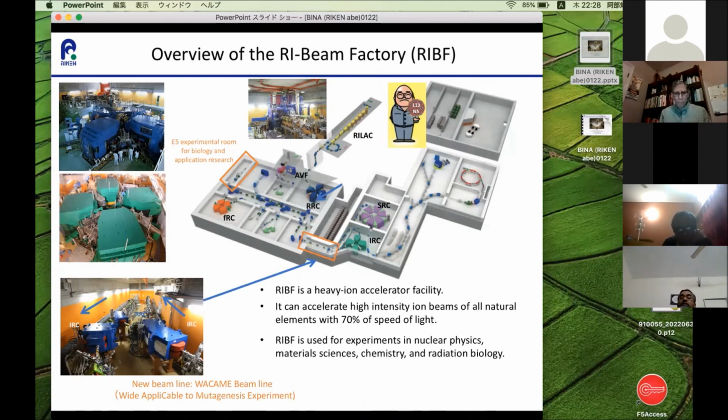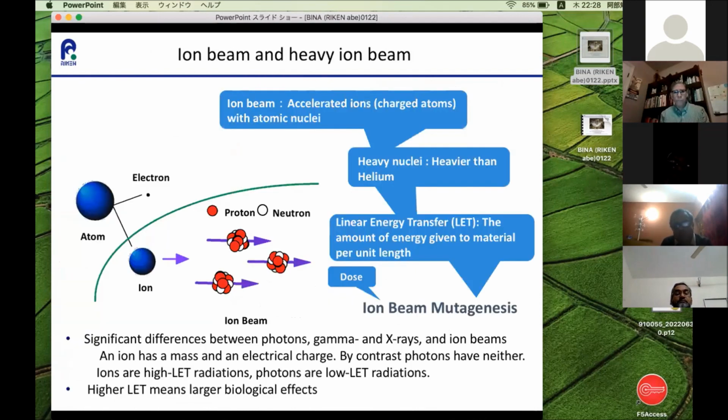This is why our facility is called the RI-beam factory. Our experiment, ion beam breeding, is one of the other important applications in RIBF, and we only use a stable isotope beam to produce new crops.